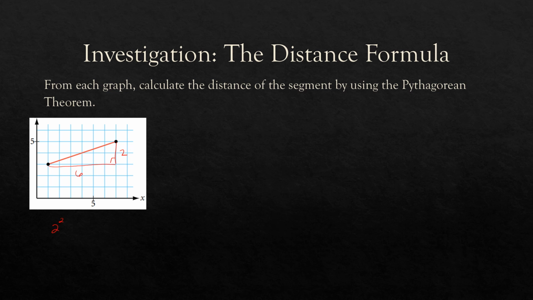So 2 squared plus 6 squared equals my hypotenuse squared. 4 plus 36, 40 is what my hypotenuse squared is. So if I take the square root, my hypotenuse is the square root of 40.